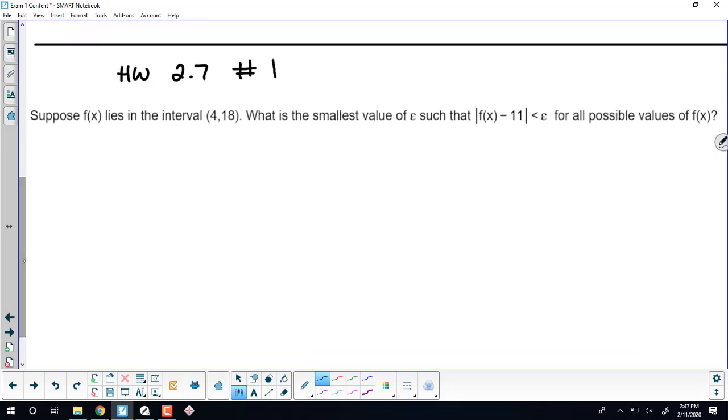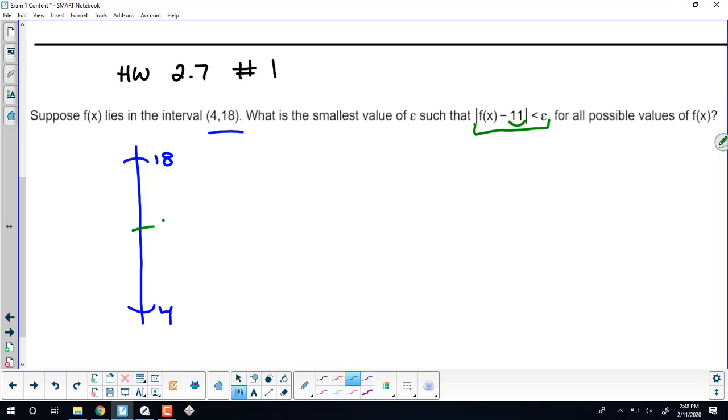So the restriction here is this interval, right? On the y-axis, we have to be from 4 to 18. The inequality here is telling us what? Right, so we want to be within a certain distance, epsilon, of 11.